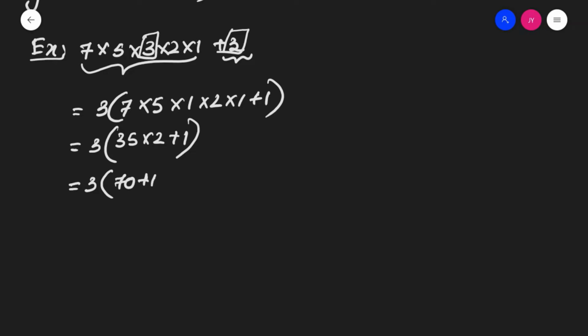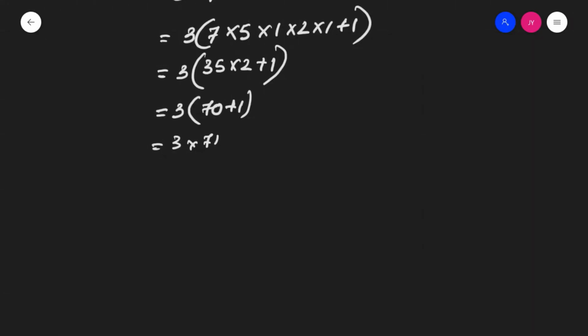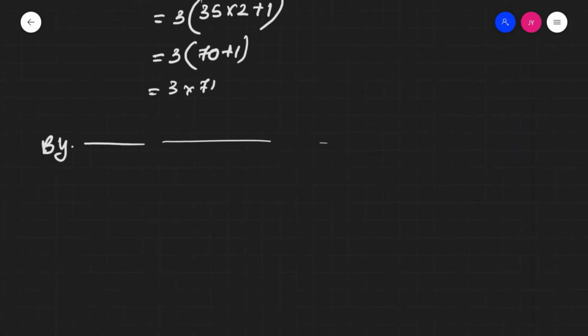So 70 plus 1, it is going to be 71. So 3 into 71. And again, 71 is a prime number. So we'll write the therefore statement again as 7 into 5 into 3 into 2 into 1 plus 3 is a composite number by the fundamental theorem of arithmetic.